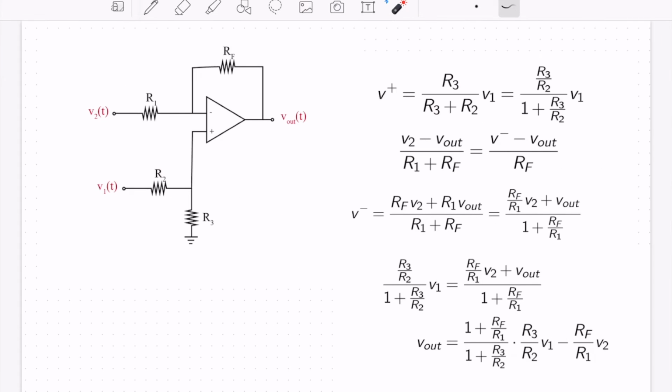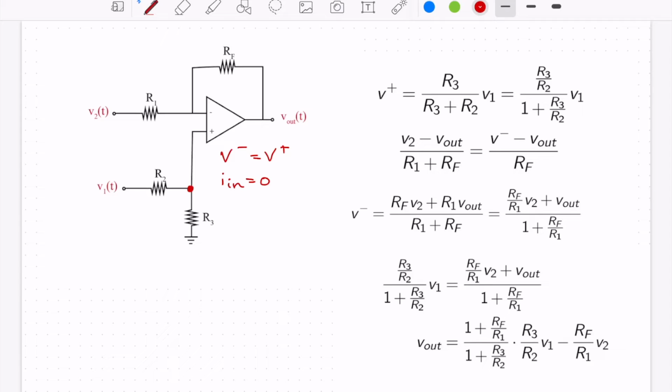So let's analyze our circuit. Things to remember, of course: V minus is equal to V plus, and input current into both the terminals is 0. So let's just start with what we have and write some nodal equations. Let's start by writing an equation here at V plus.